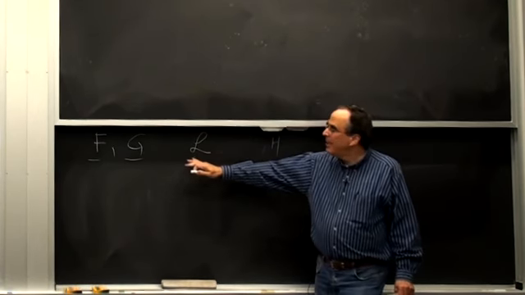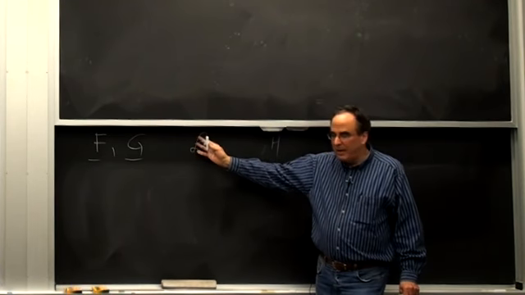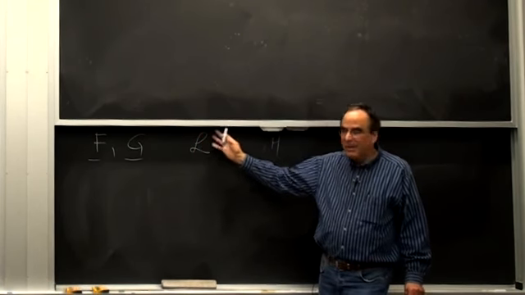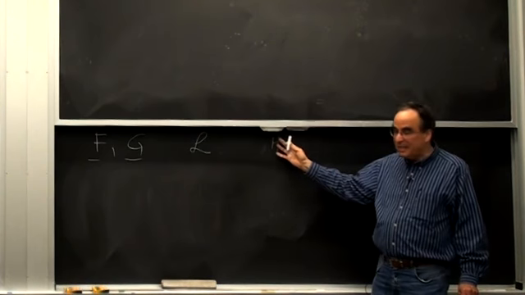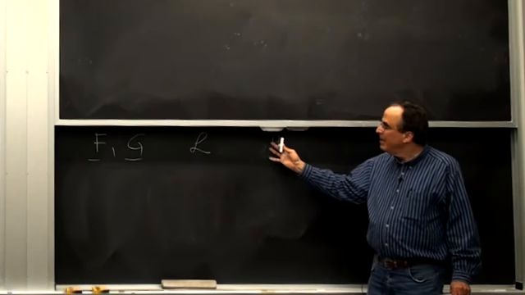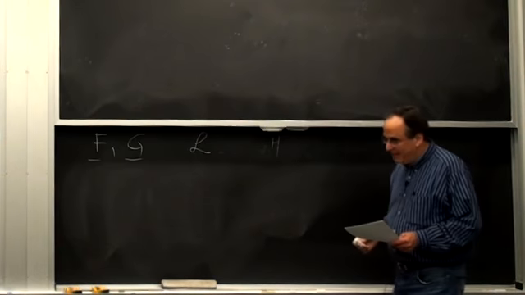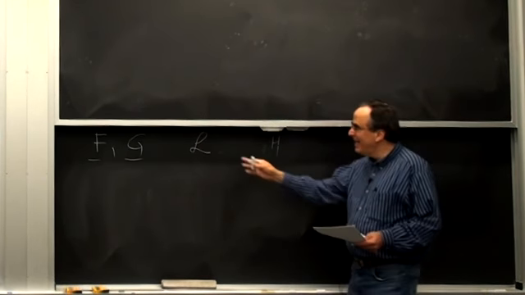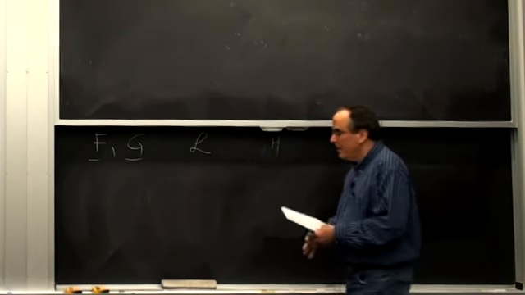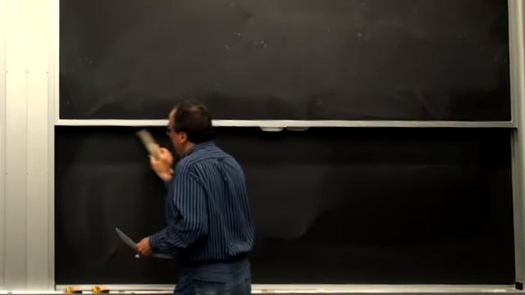In the Lagrangian, you express things in terms of coordinates and velocities, and in the Hamiltonian you express things in terms of coordinates and momenta. It's pretty much the same thing, but there's an interesting minus sign that appears here rather than here.